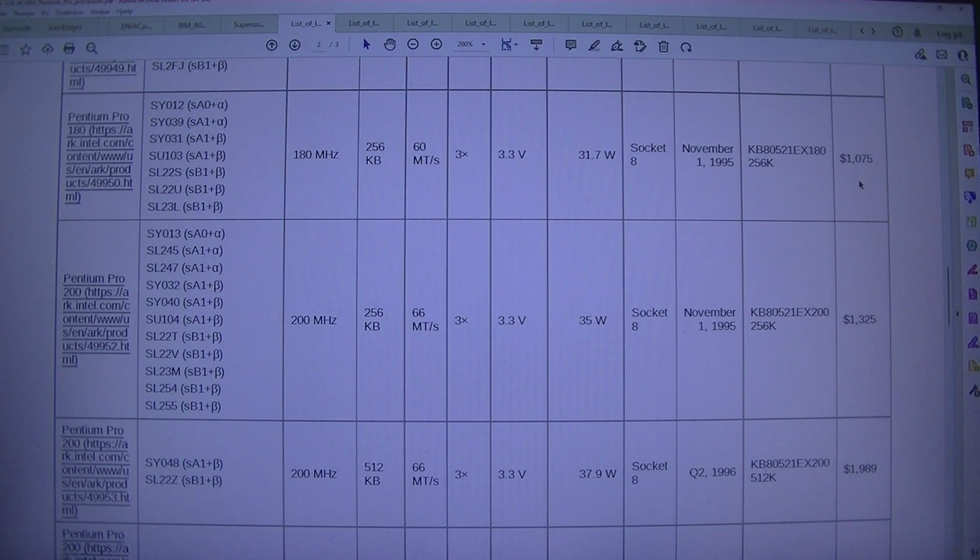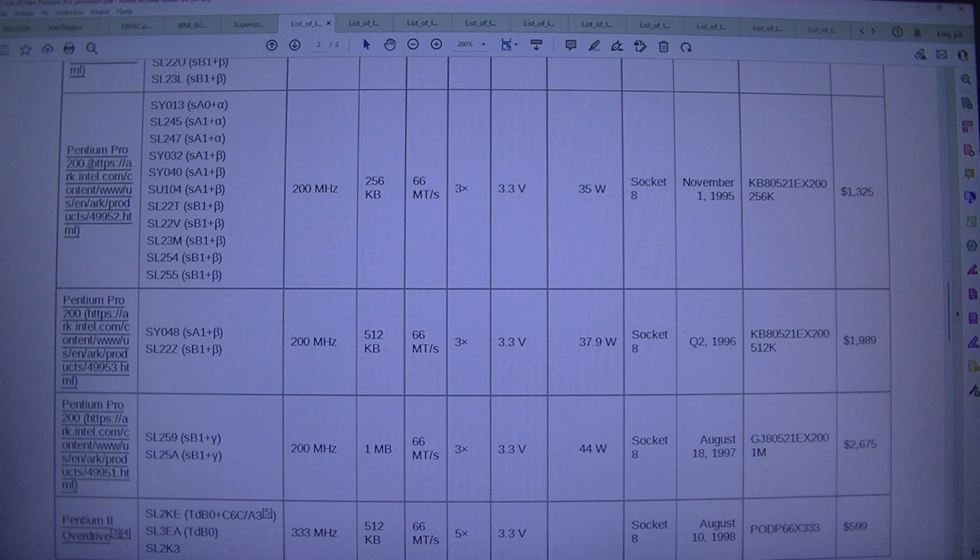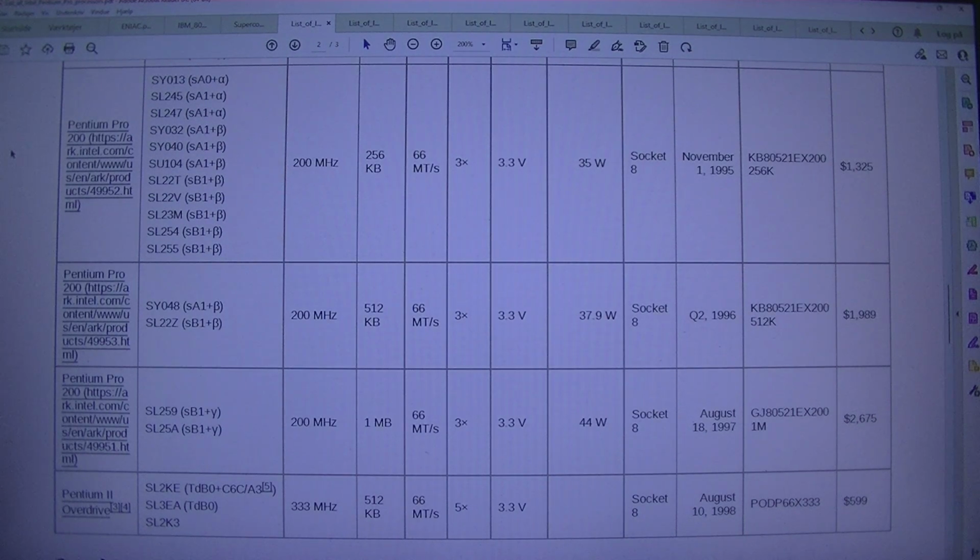$1,075. Pentium Pro 200: SY013, SA0 plus alpha. SL245, SA1 plus alpha. SL247, SA1 plus alpha. SY032, SA1 plus beta. SY040, SA1 plus beta. SU104, SA1 plus beta. SL22T, SB1 plus beta.